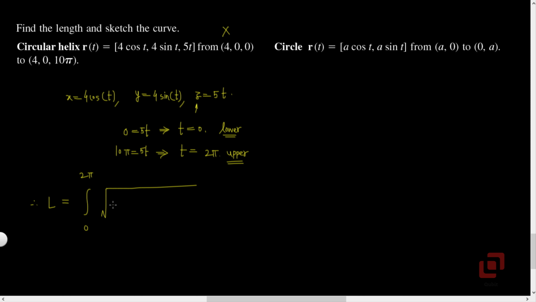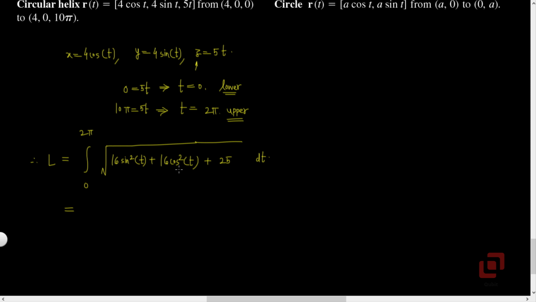If we square it, we will get 16 sin squared t, plus the square of dy by dt, which will be 16 cos squared t, plus the square of dz by dt. z is 5t, so dz by dt will be 5. So the square of that will be 25, dt, equal to.